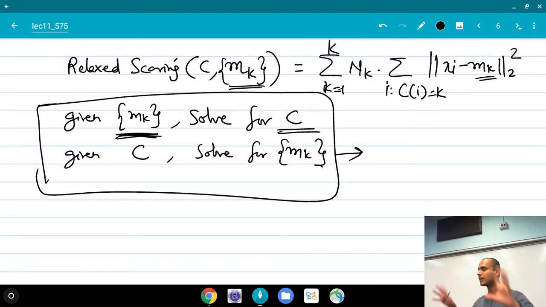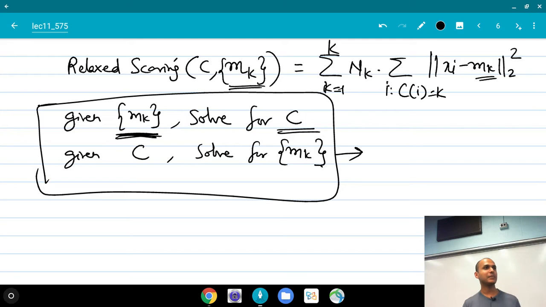I didn't tell you which cluster each point belongs to. If I just tell you the mk values for each cluster, let's say 2 clusters, then I can check for every point whether it's close to m1 or close to m2. If it's close to m1, just call c of that data point 1, cluster 1. And if it's close to m2, call the c of that observation 2.